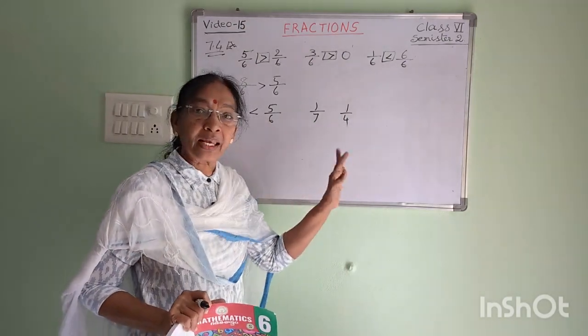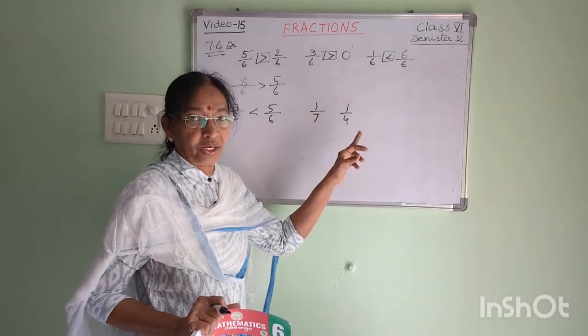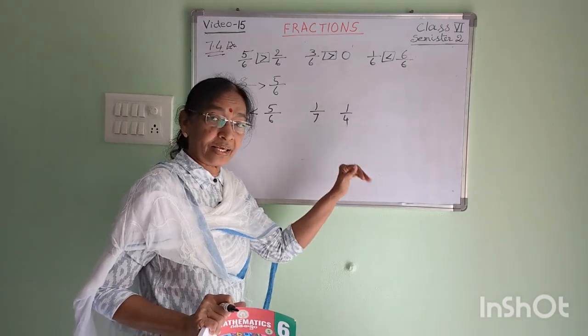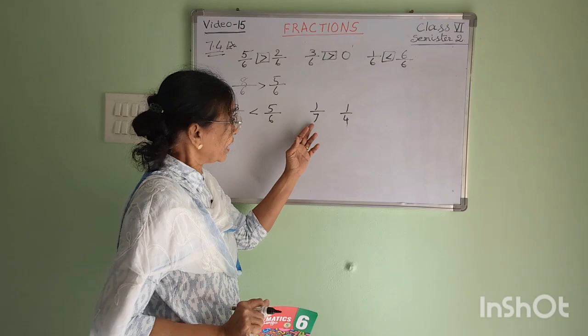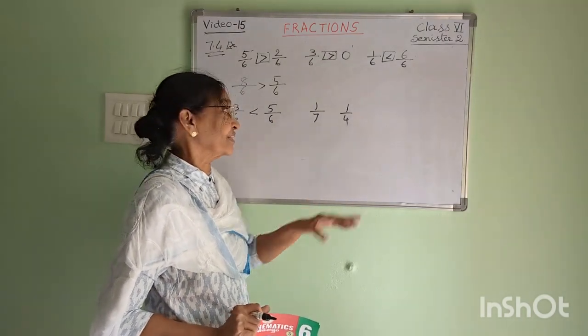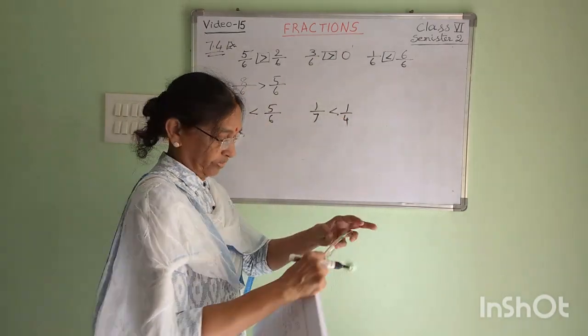These are unlike fractions, but the numerators are equal. Therefore, the fraction whose denominator is lesser is greater than the other fraction. Here the fraction whose denominator is greater is lesser than the other fraction. Therefore, 1 by 7 is less than 1 by 4.